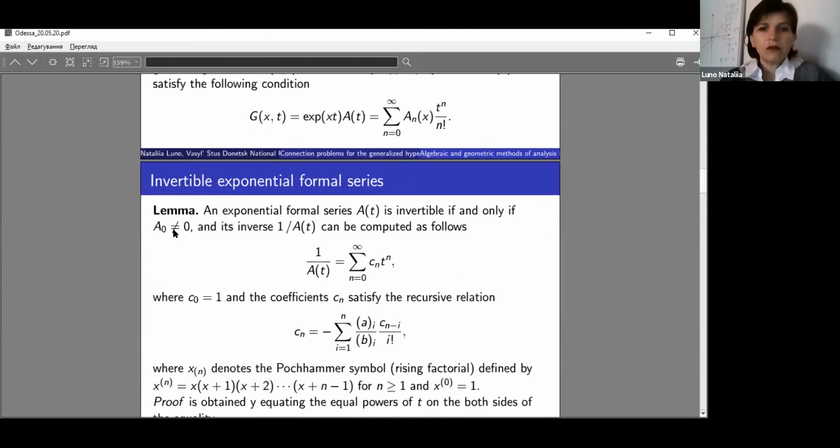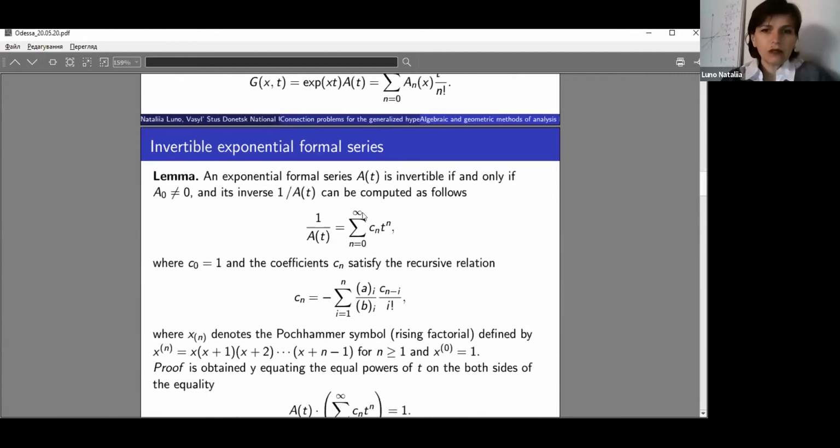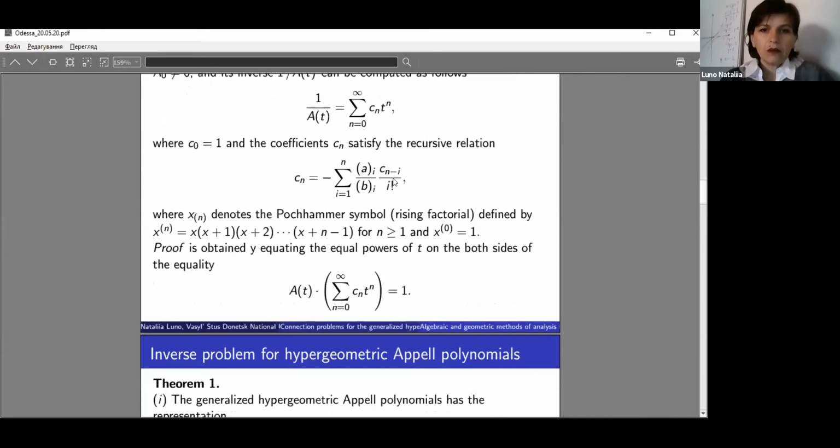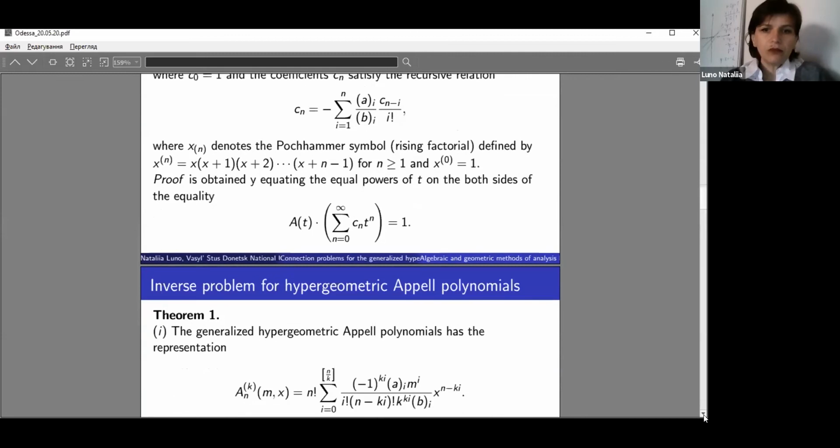In that case, the inverse of this formal power series can be computed as the formal power series whose coefficients C_n are defined recurrently. Here we have the notation for a Pochhammer symbol, or rising factorial. The proof is easy to obtain.